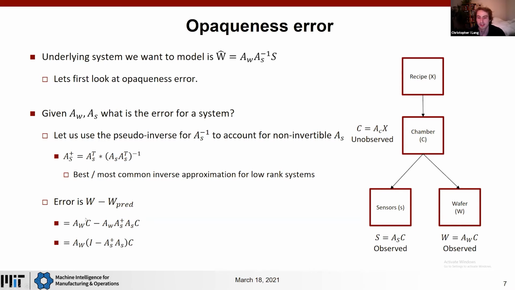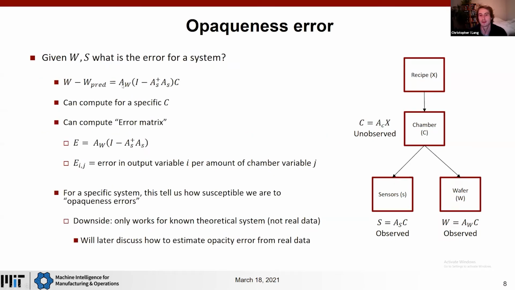We can write this as the real wafer values, which are AW times the chamber variables, minus the predicted ones, which are AW AS pseudo inverse times the sensor variables, which are AS times C. Then we can factor out the identity matrix minus AS pseudo inverse times AS, and we arrive at an expression where our error is AW times this term times the chamber variables. For a specific set of chamber variables, we could compute what the error is.